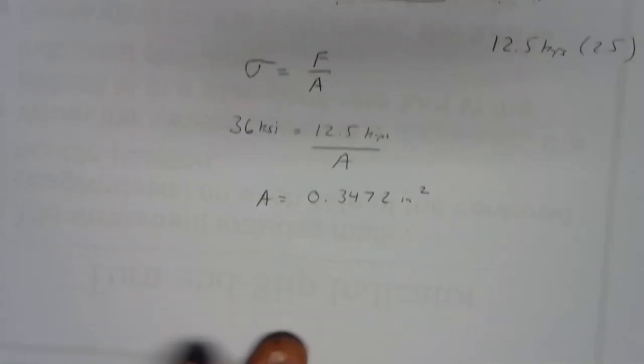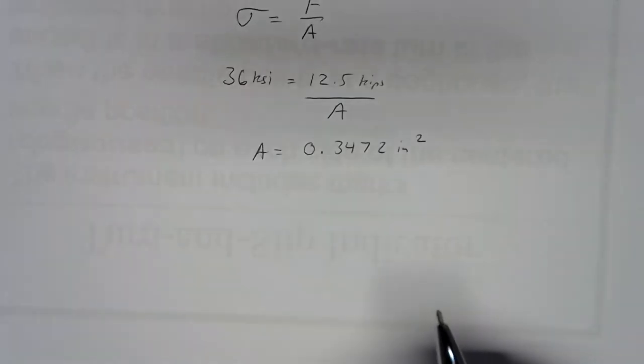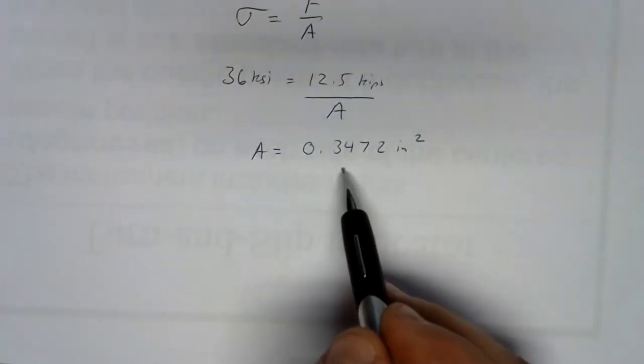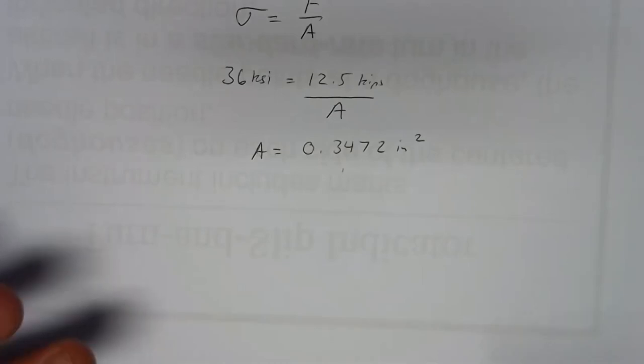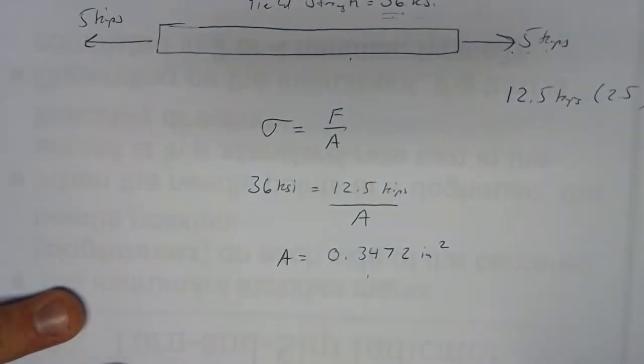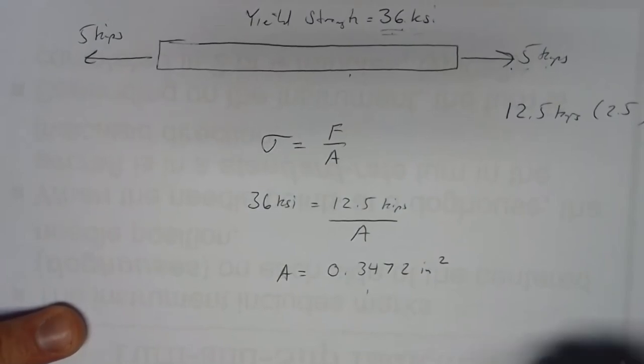Now we could go back and say, well, let's find out what the real stress is in the beam if we put 5 kips on it and we actually use this 0.3472 area. And we'll see that we're going to get something that's a good bit smaller than 36 KSI.